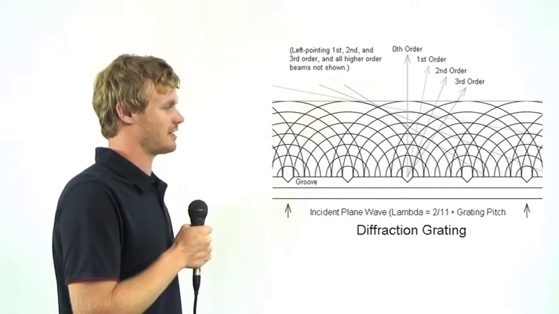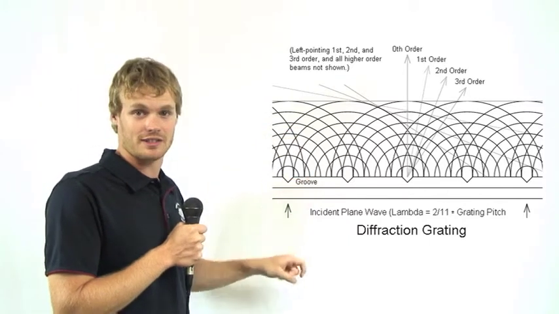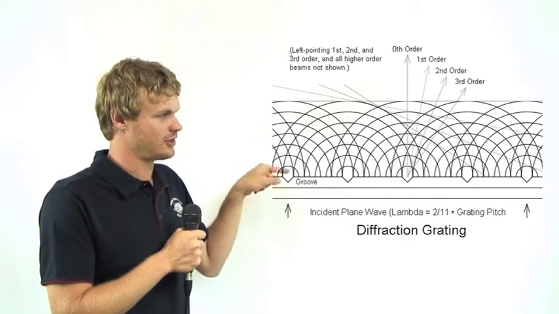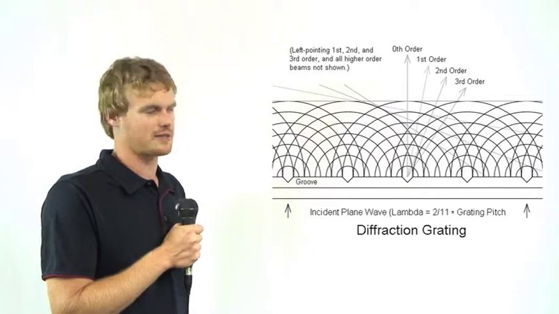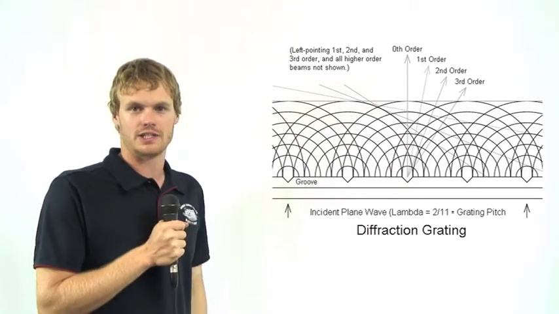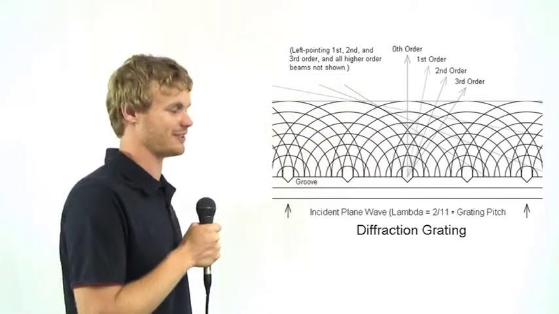Our diffraction grating then causes diffraction at each of the different slits that we have. You can see that the wavefronts now are curved, so that each of the crests is indicated by the lines. As they interfere with each other, we get either destructive interference or constructive interference.